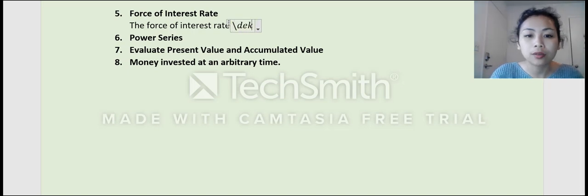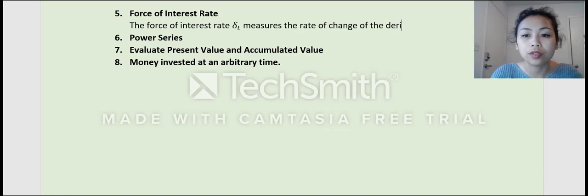It measures the rate of change, the derivative, of the accumulation function.